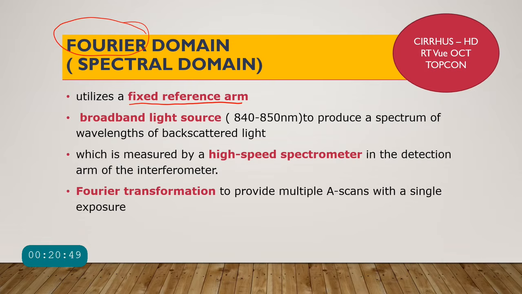So there we use a monochromatic source of light, but here we are using a broadband light source, which is about 840 to 850 nanometers, in order to produce a spectrum of wavelength of the backscattered light.